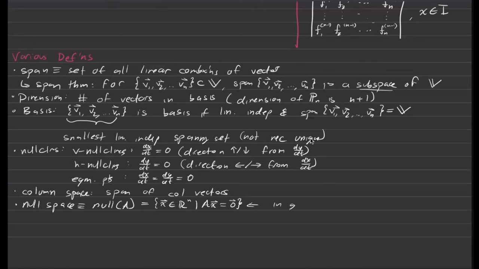In general, the dimension of your null space is the number of free variables. This is just the space of solutions to the equation Ax equals 0.